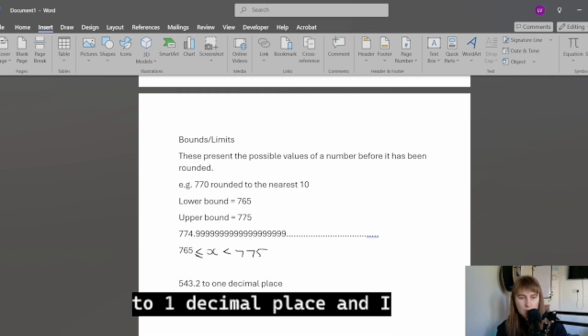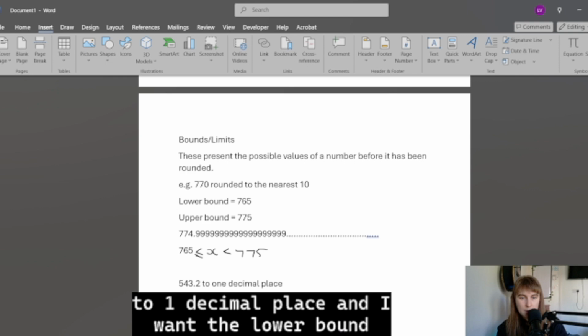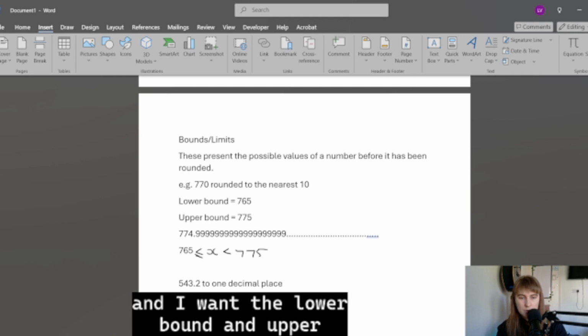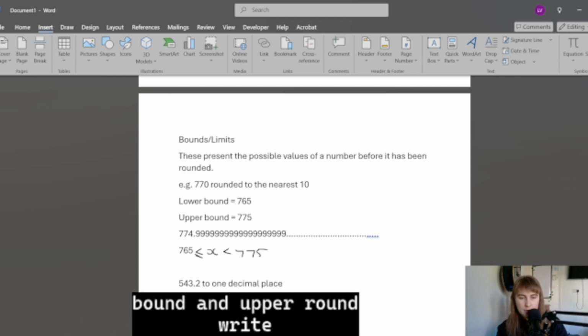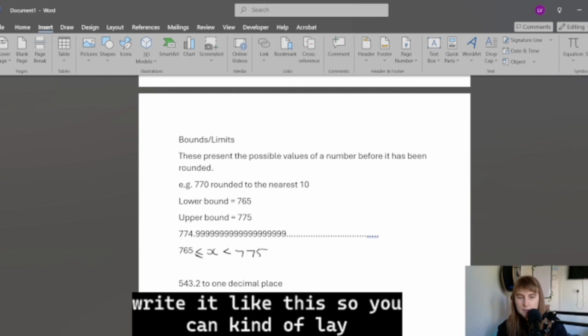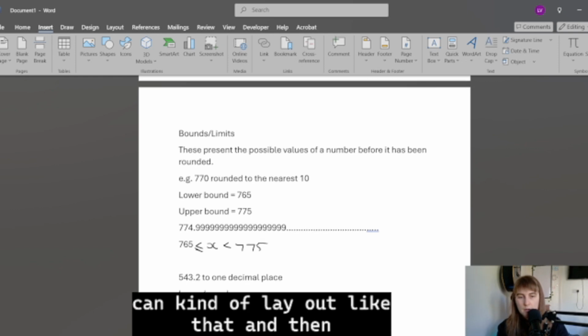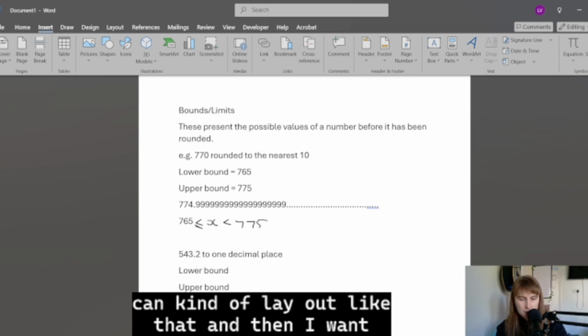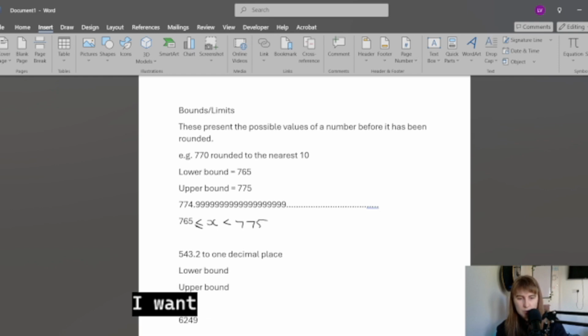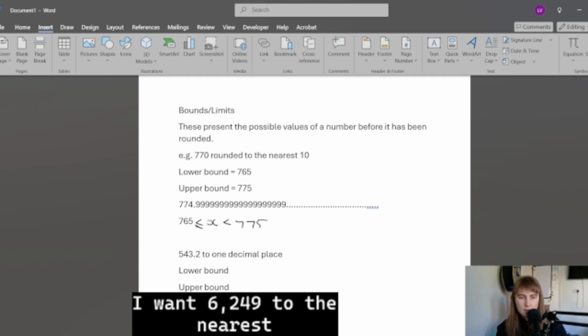And I want the lower bound and upper bound. I'll write it like this so you can kind of lay it out like that. And then I want 6,249 to the nearest 100.